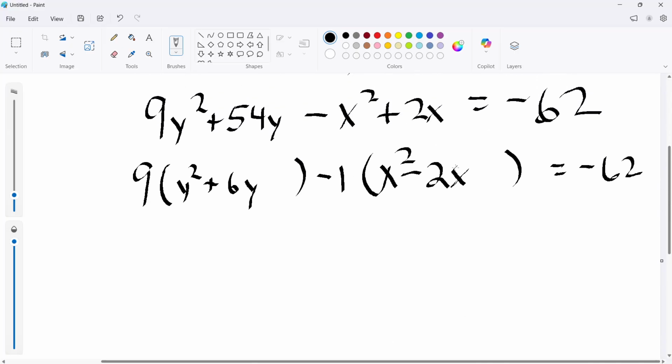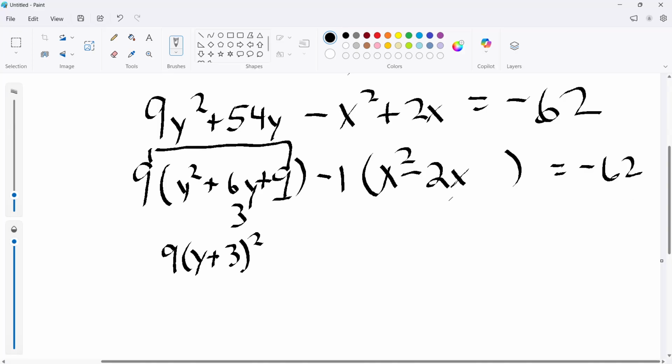Now, half of 6 is 3, so this is going to be 9 times y plus 3 squared. And then 3 squared is 9, and this is where sometimes people go wrong. I've added 9 here, they add 9 here, but I've got to do 9 times 9. So I have to add 81 over here.